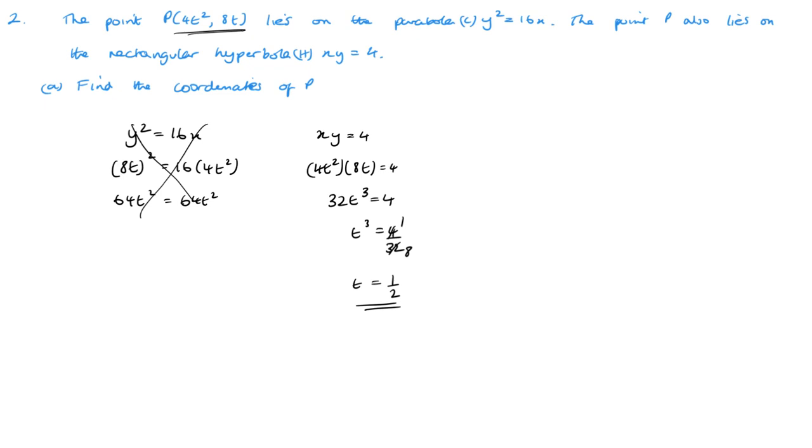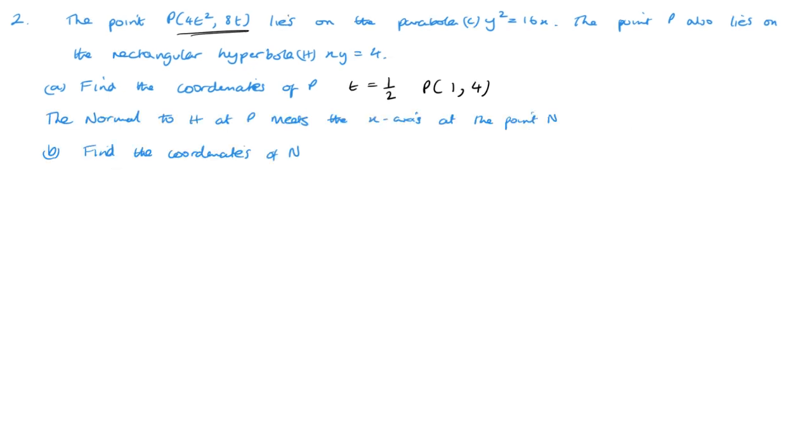Now p is 4 times 1/2 squared, and 8 times 1/2. So that's 1/4 times 4, which is 1, and half of 8, which is 4. So P is (1, 4).